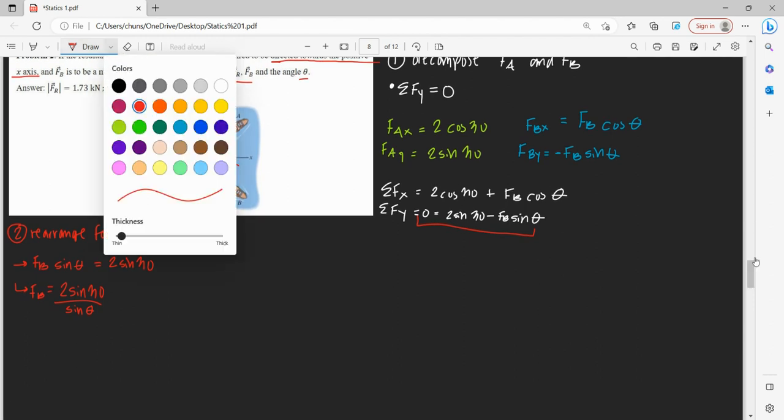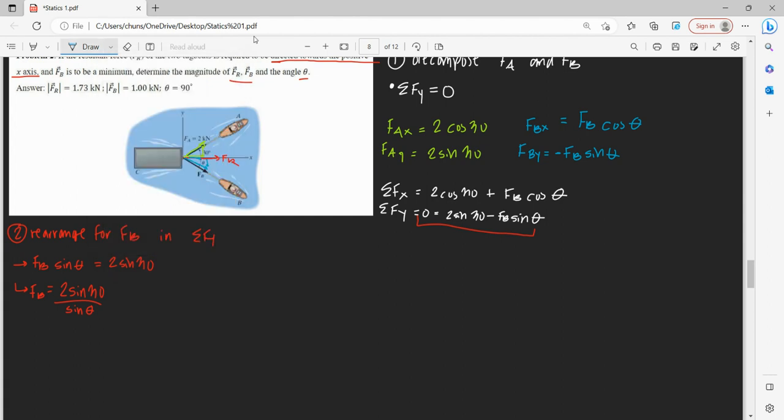So our next step definitely helps if you use a calculus approach. We want to minimize our force Fb, right? Because we wanted Fb to be a minimum in this question. So in that case, we can solve for that by taking the derivative of Fb.